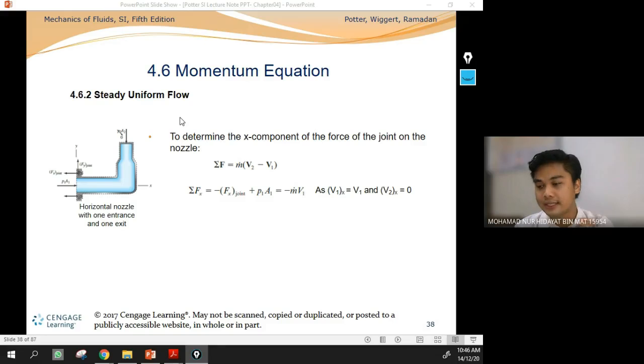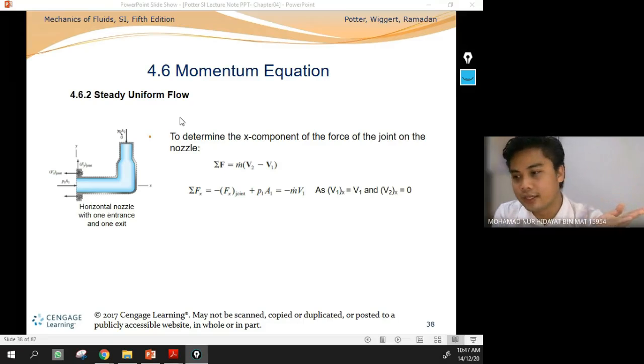I have posted it in the e-learning. Okay, so far okay, right. So I will post the attendance in the WhatsApp group as well. I hope tomorrow you scan your attendance, and please spend 1 hour to read my lecture note on the momentum equation. I have prepared the lecture note in the e-learning. Please access it.